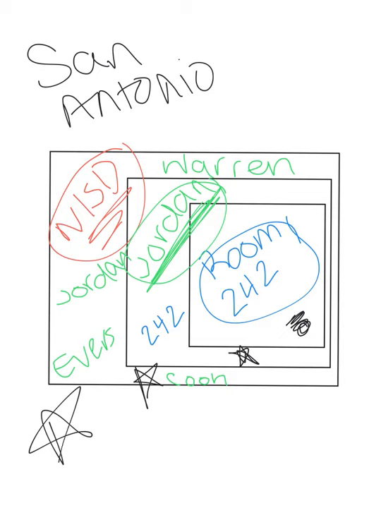What you are going to do is create your own Venn diagram that looks very similar to mine. You're going to go to your Schoology and look for your assignment where you're going to create your own example so that we can share them with our classes.